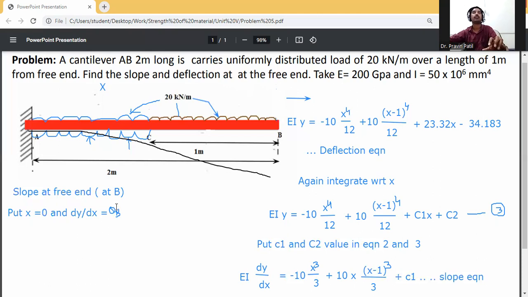In the slope equation. So first of all, calculate EI for that. We know that E is equal to 200 GPa, so convert it into Newton per mm square. That is 200 into 10 raised to the power 3 Newton per mm square.